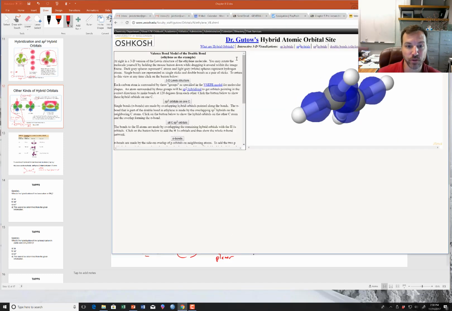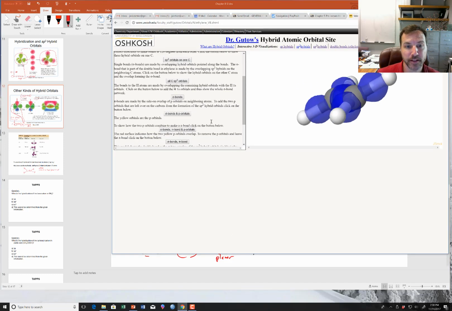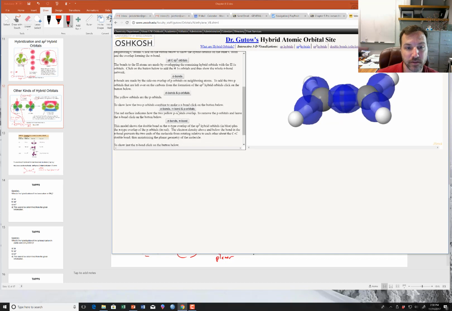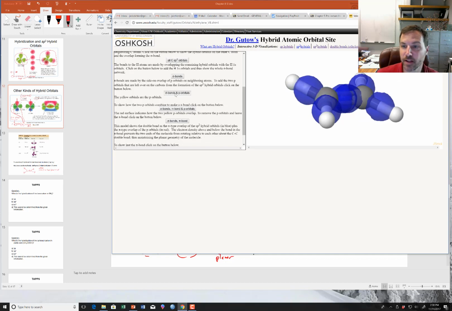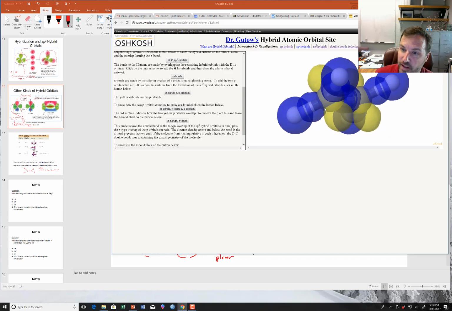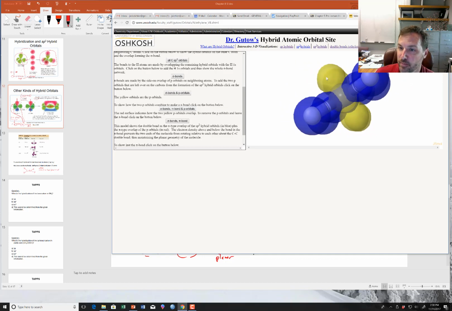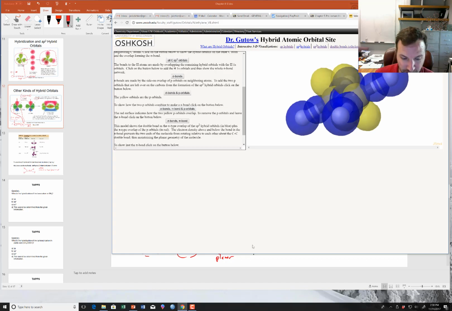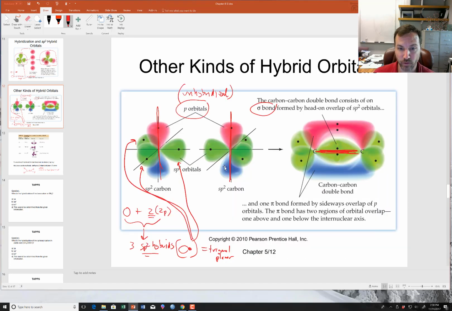And then I showed you the sigma bond plus the unhybridized p orbital. So you can see here the yellow p orbitals that are perpendicular, which you can see here in this cartoon are blue and red on the PowerPoint.